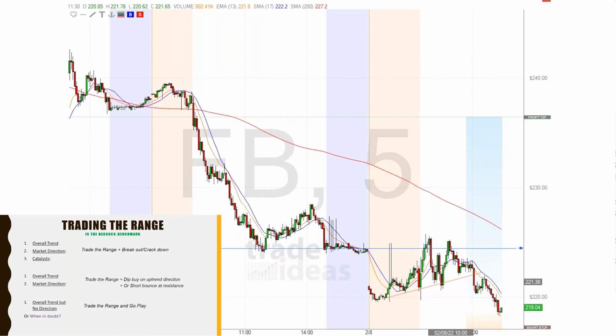So as far as the options go, how do we determine which option we trade? Let's take a look at this Facebook. Which option do we trade?